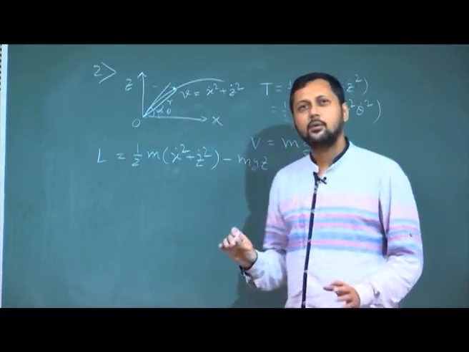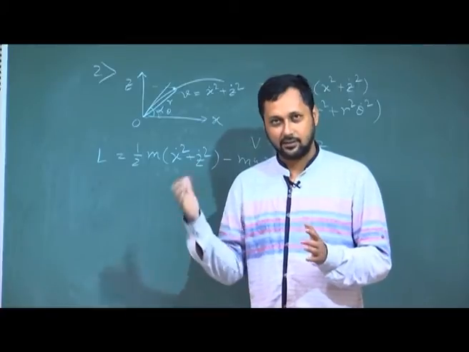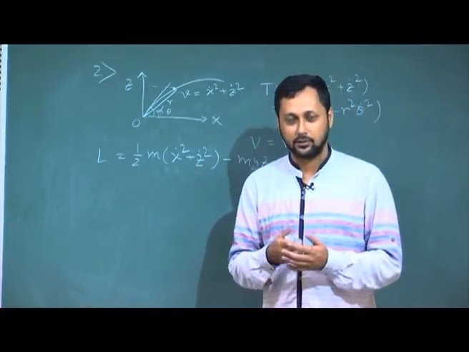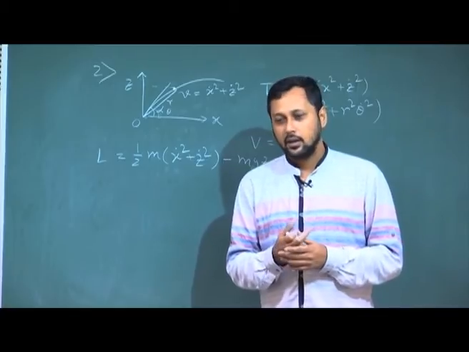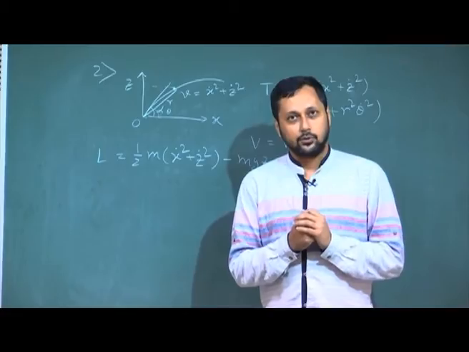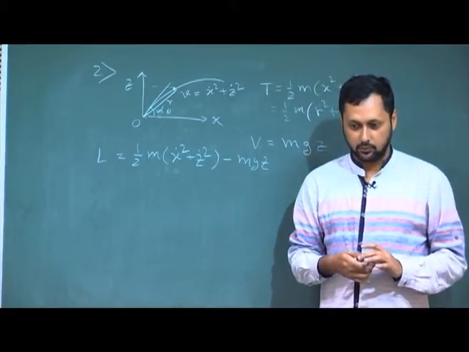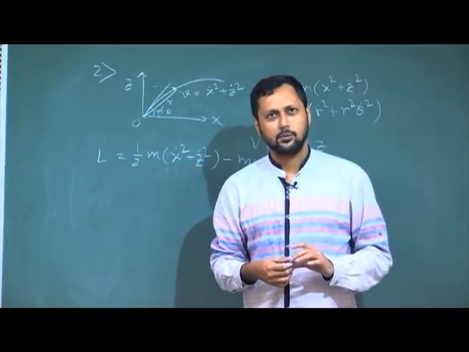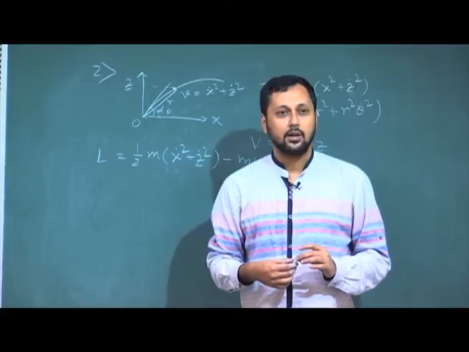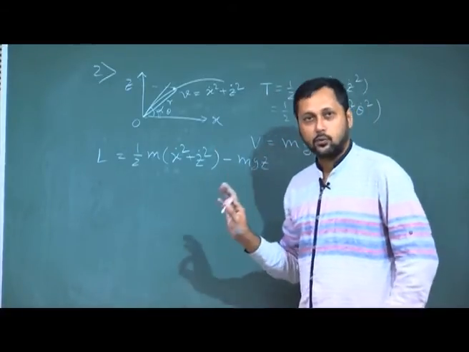Very rarely, at least in the next few lectures, will you see the kinetic energy being a function of coordinates also. Of course, there will be cases when we discuss small oscillation where kinetic energy can potentially be a function of coordinates, but right now let us not do it.